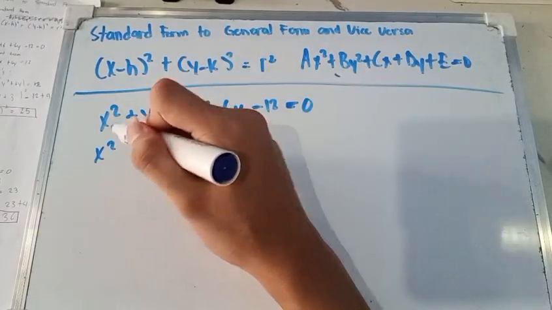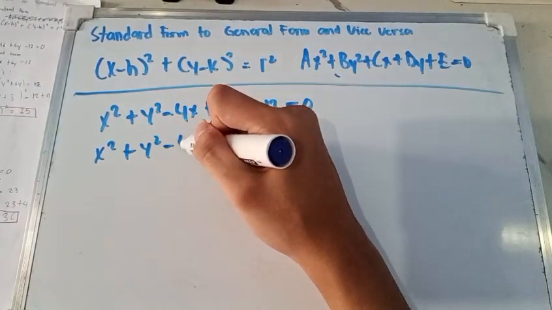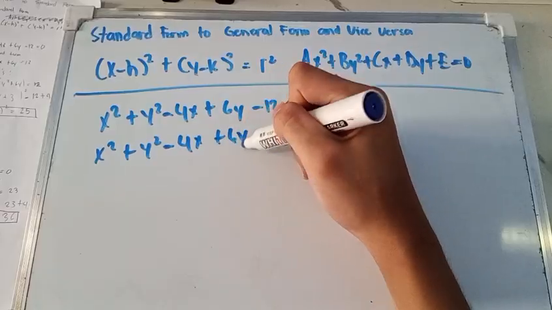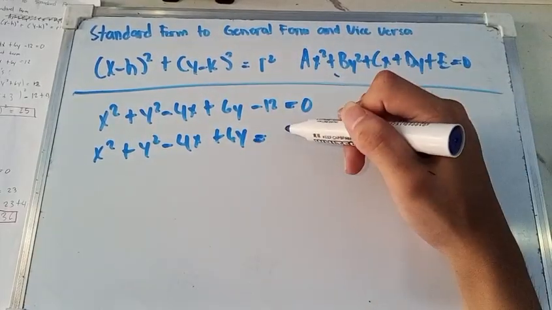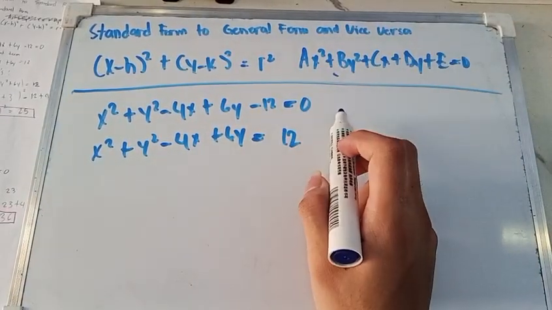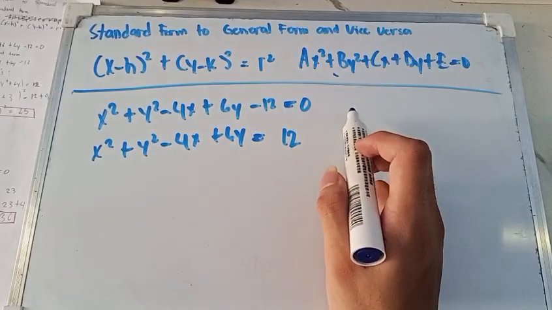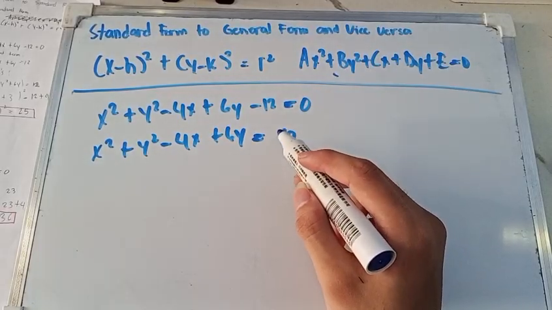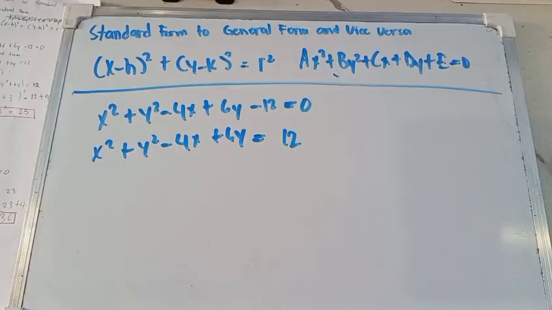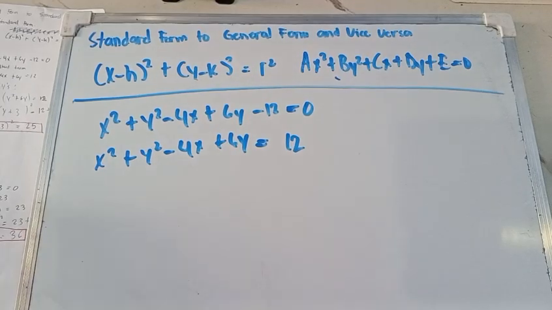So it will become x squared plus y squared minus 4x plus 6y equal to positive 12, since when we transpose a term to the other side, we will have its opposite in integer.